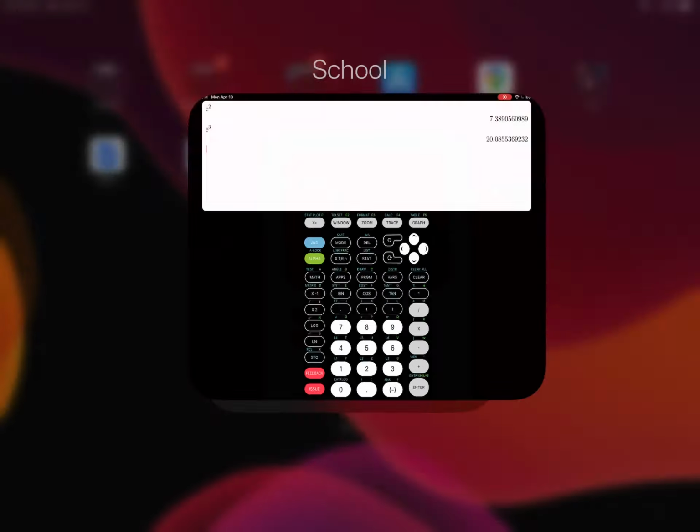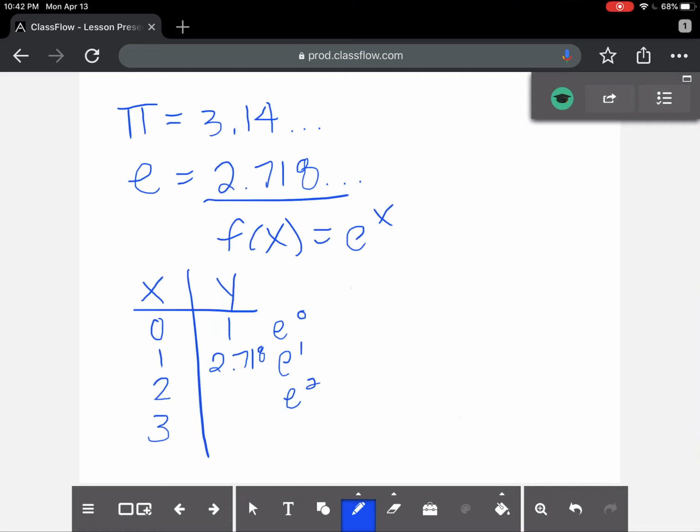Okay, so that's what we will put here. So this is 7.39 and this is 20.09.